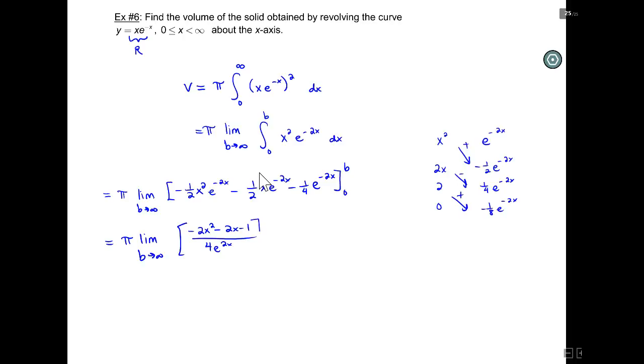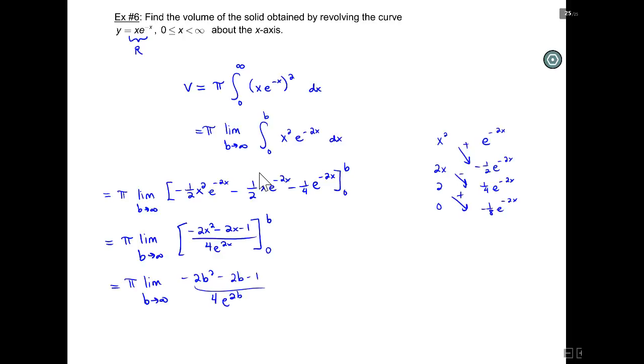Double check to make sure that's what you get. But basically what we end up with is a polynomial over an exponential function. So even if I replace all the x's with b, we have negative 2b squared minus 2b minus 1 over 4e to the 2b.